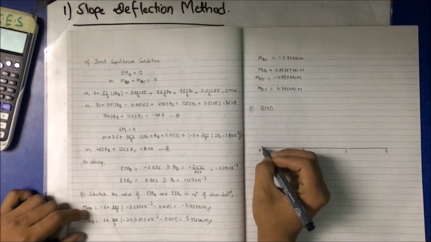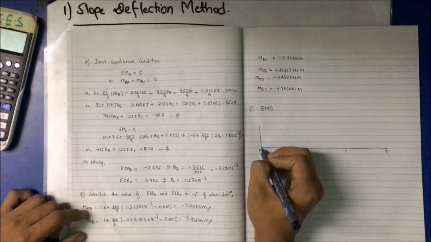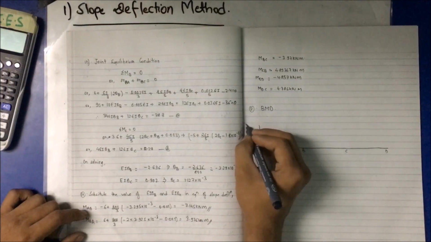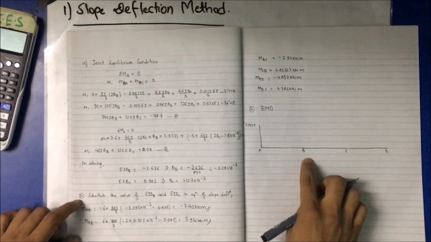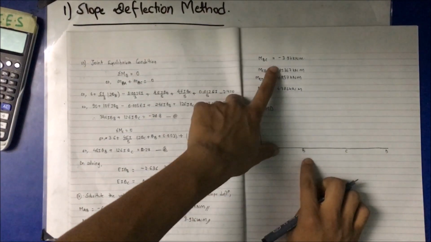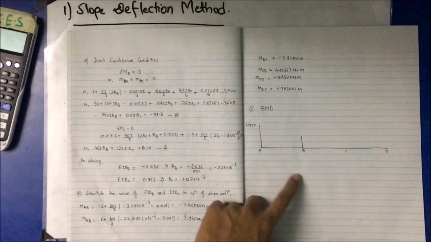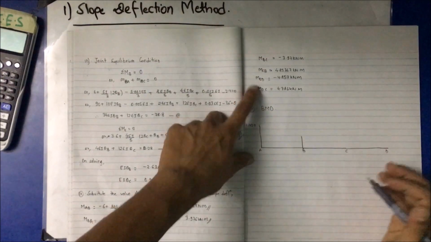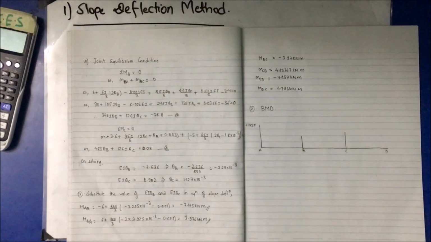MAB is minus 7.145. For BC we have minus 3.97. For CD we have minus 4.857.